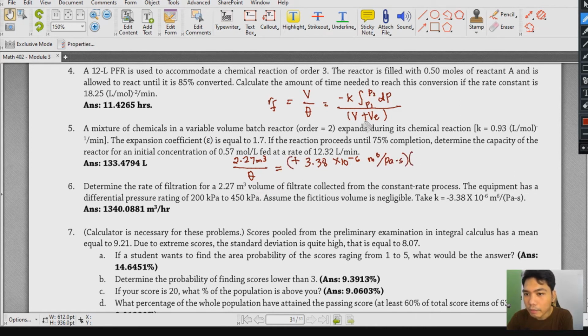So therefore, dapat Pascal din itong units ng ating mga differential pressures. So we have the integral from 200 times 10 cube to 450 times 10 cube dP. Okay, and then we divide this by the volume 2.27 cubic meter plus the fictitious volume, which is negligible, so that's 0.